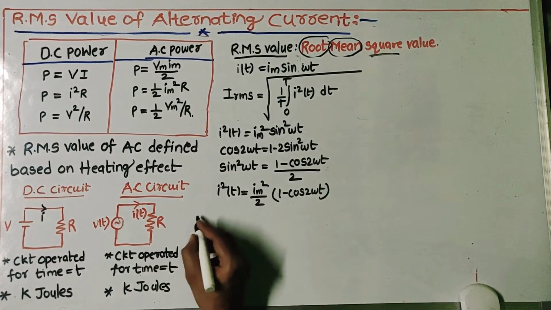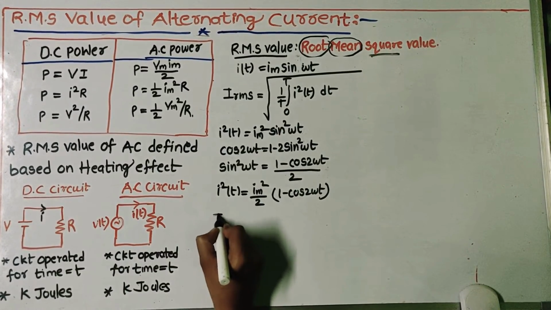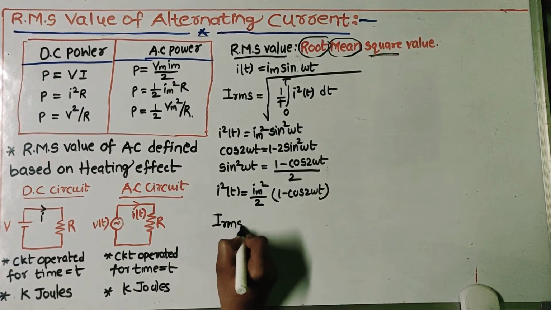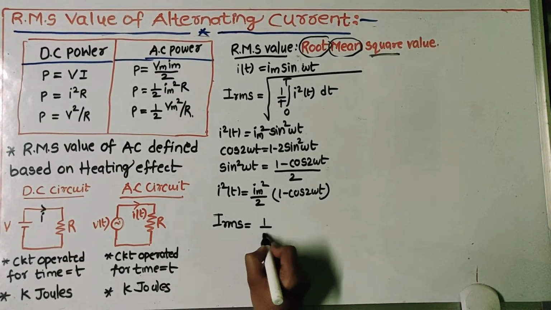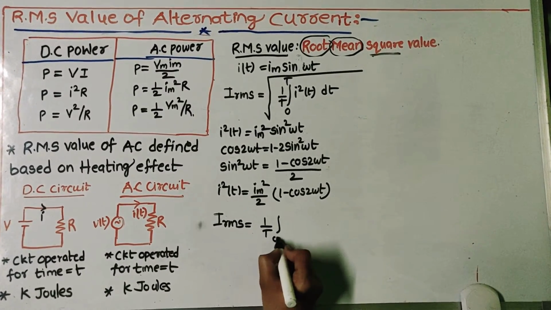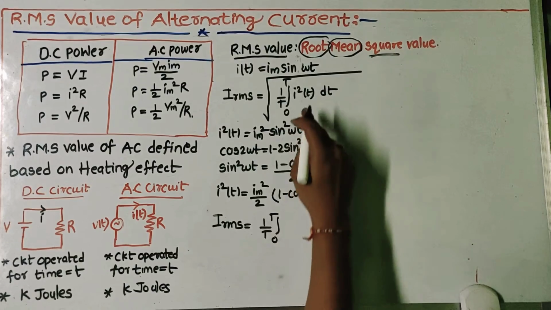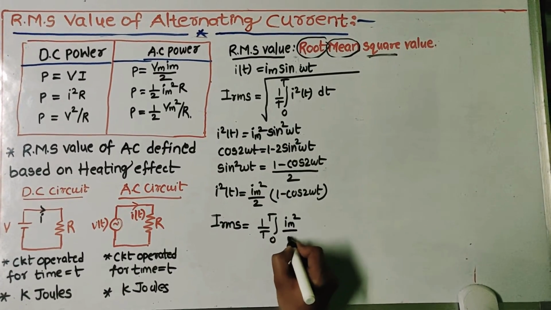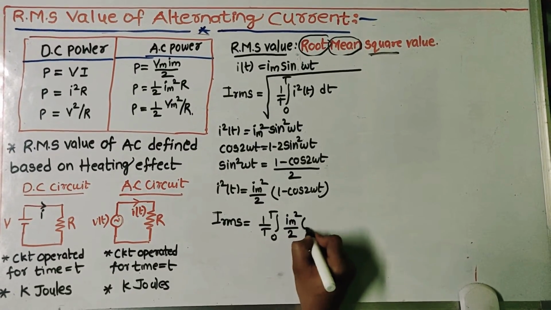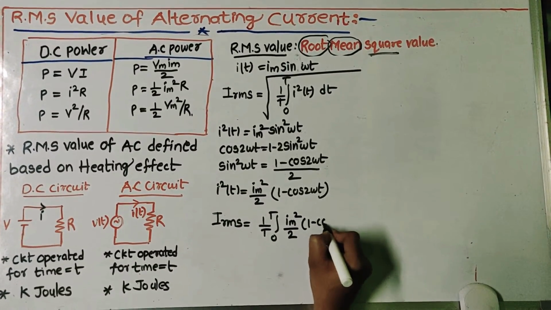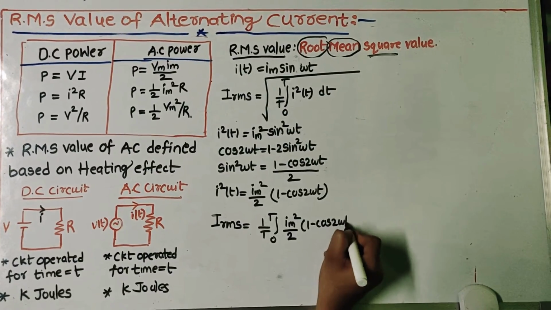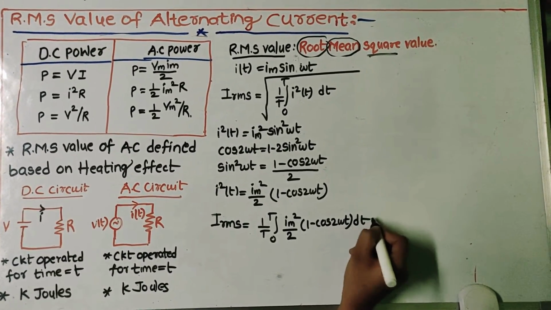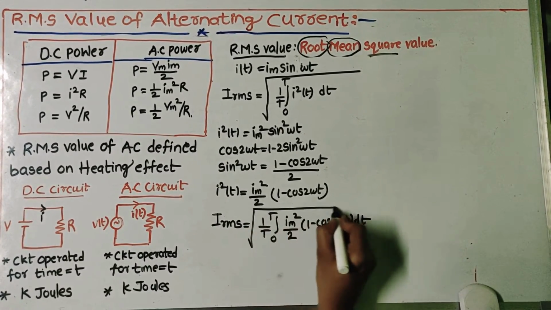So if you substitute, the IRMS value is going to be IRMS equals 1 by T integral 0 to T of I square of t, that is Im square by 2 into 1 minus cos 2 omega t into dt. So we have to take the square root.